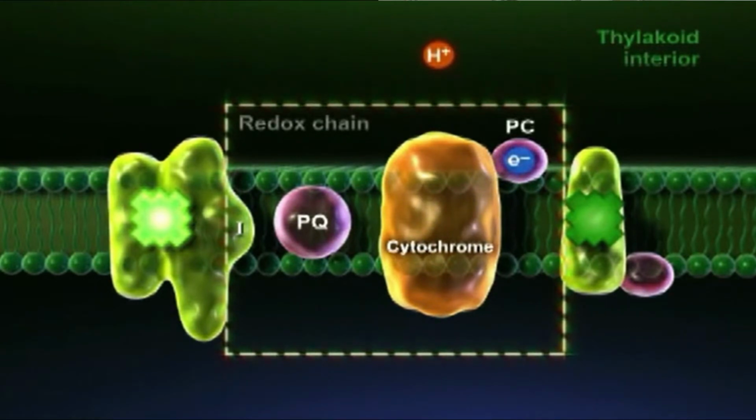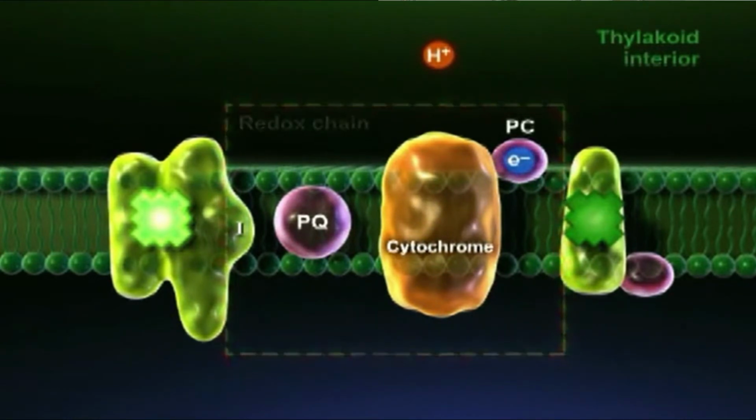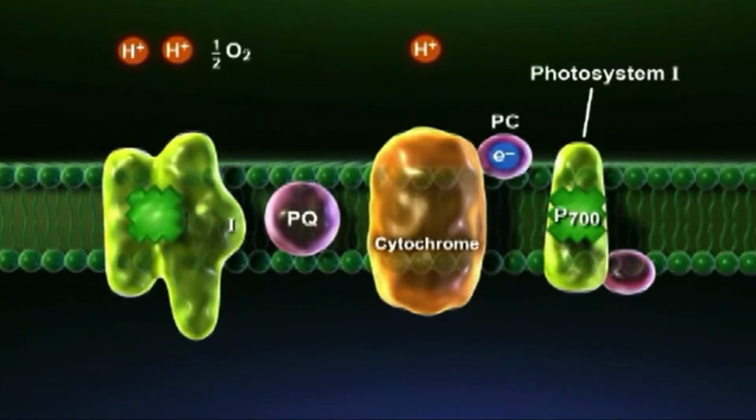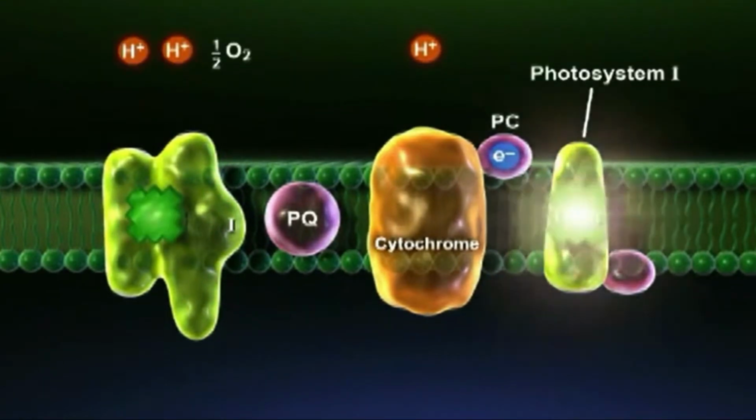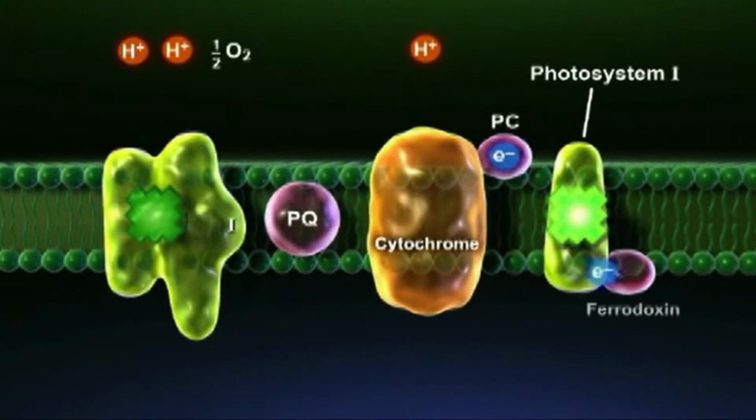The photosystem 1 also gets excited with the photon, and one electron is removed from the photosystem 1. Then there is a deficiency of one electron in the photosystem 1, and it is compensated with the electron coming from the photosystem 2.